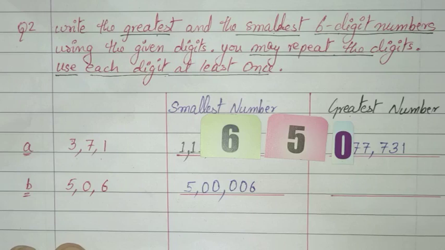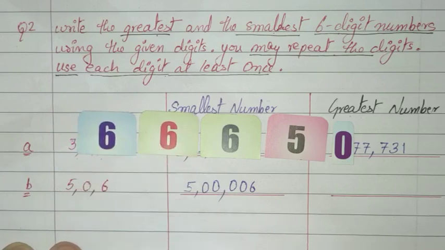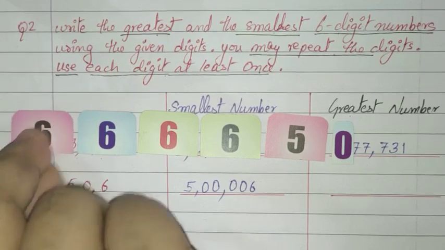Which is the greatest digit here? The greatest digit is 6. Let's repeat it. How many times? 3 times. On the left, you have to repeat it. 6, and you need one more 6, and one more 6 here.